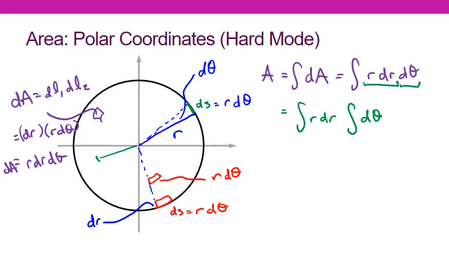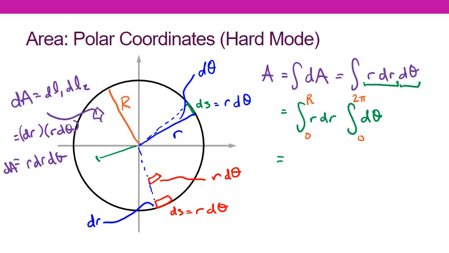For the radial integral, I might say that this circle has a radius, big R. And so I'm going to integrate from 0 to big R. And of course, I want to integrate around a circle. So just as before you saw us, we're going to integrate for a whole circle, that's 0 to 2 pi.